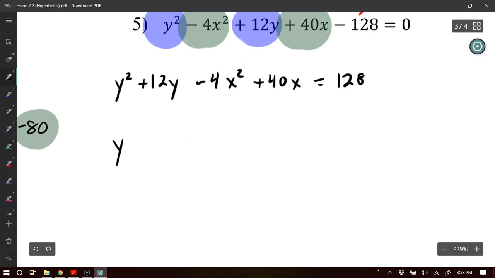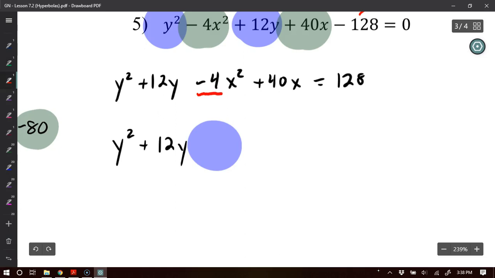So I don't mind my y terms, because it does not have a coefficient with that y squared. That's not 1. It's perfect for me. I do get annoyed with this because I have a negative in front of that x squared, let alone a negative 4 in front of that x squared. So I need to factor out that negative 4.